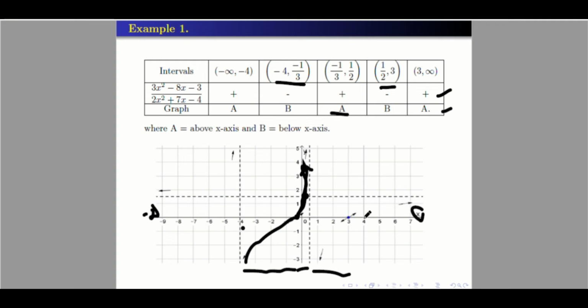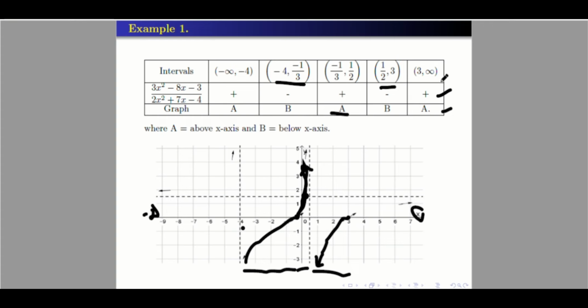Now it is below. Take note, we have a point here, another x-intercept. So we must draw a curve to the left. It should be below. It should not be to the right because the interval is only until 3. You do not draw a curve here.